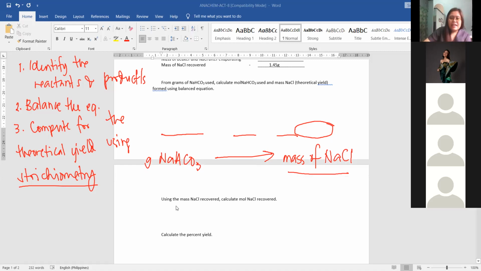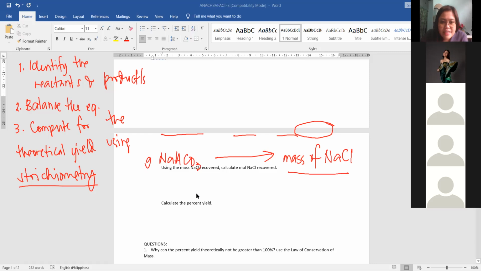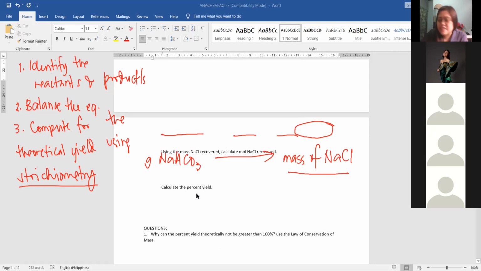So another stoichiometric problem that you will compute. Since you have the mass of NaCl that was recovered, calculate the moles using stoichiometry again. And the last thing that you have to do here is calculate the percentage yield. So number 4, calculate for the percentage yield.